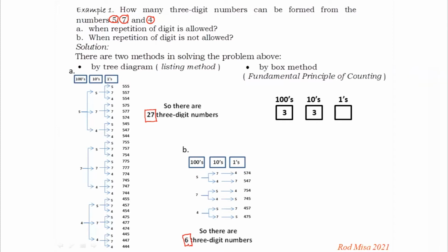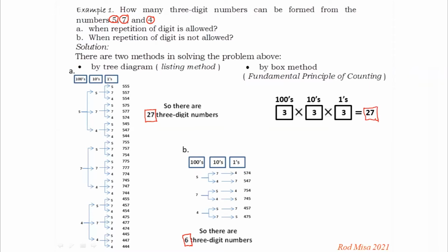And also in the ones place, I can choose any of the 3 digits. So using the fundamental principle of counting, I can multiply these numbers and the product is 27. So therefore, there are 27 three-digit numbers that we can form from these 3 numbers when repetition is allowed.